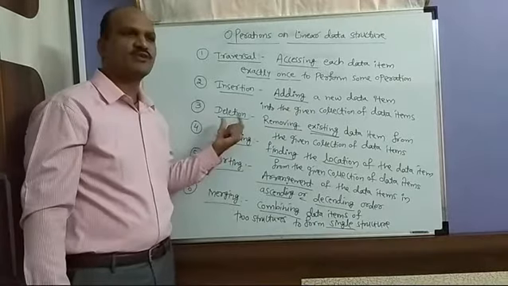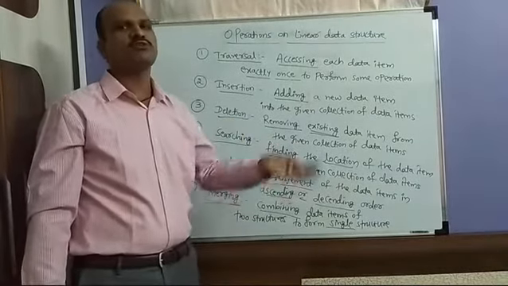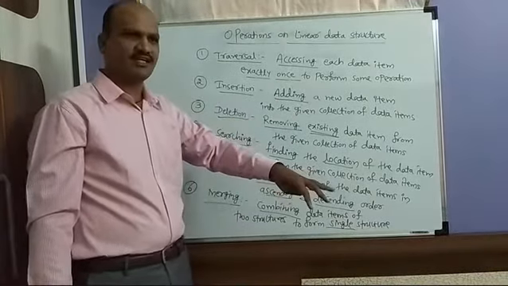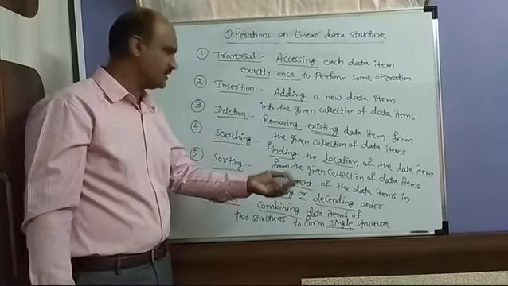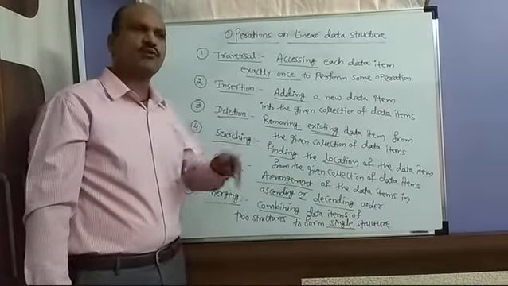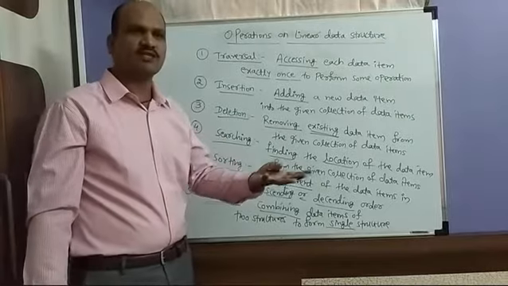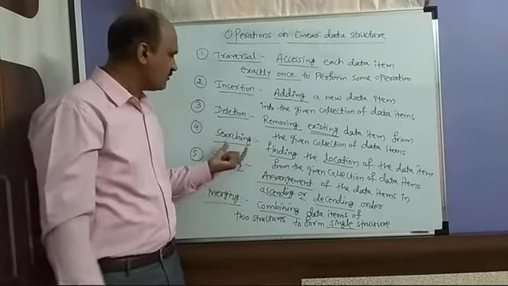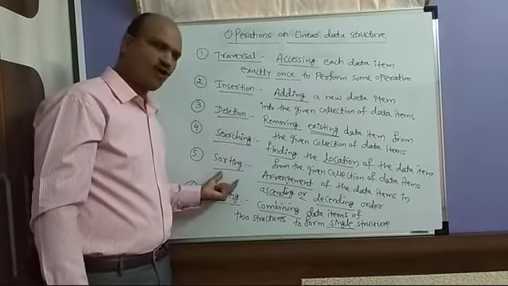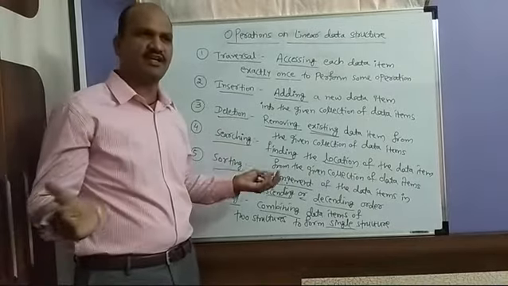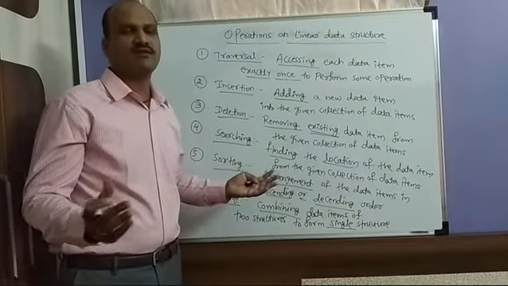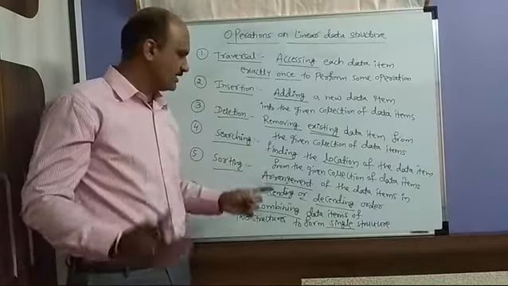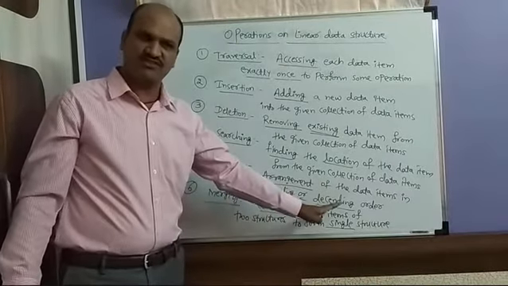Deletion means you remove an item that already exists in the data. Then searching, if you want to find the location of the data, where it is present. Then sorting means you arrange the data the way you want, in ascending or descending order.